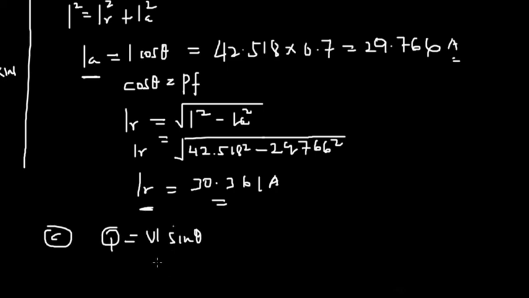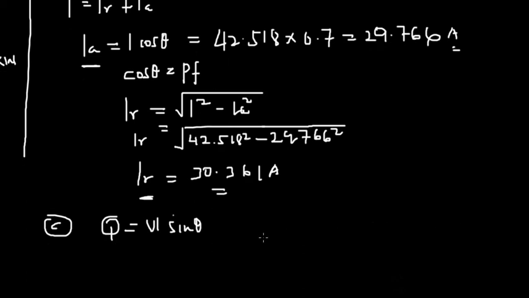But from here you don't know sine theta. But we know that sine theta multiplied by VI could just be represented as VIR, because IR is the same as I sine theta.